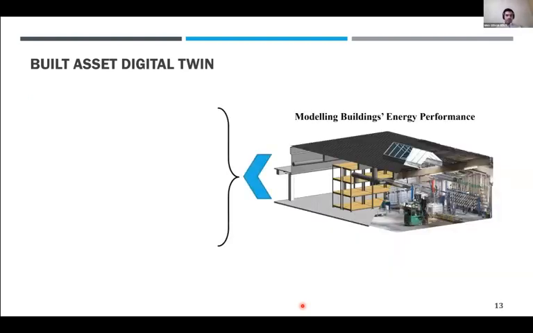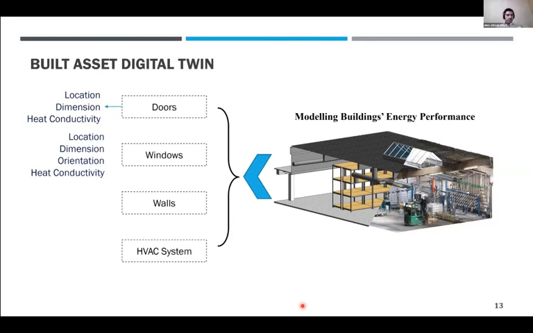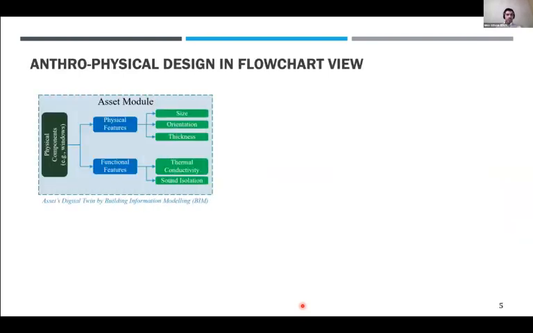For the physical asset, it tells us where the doors, windows, walls and HVAC system are, and, for example, the heat conductivity as a functional feature of the asset. We store all the information about these features inside our model, and then we can extract them for the anthro-physical design.